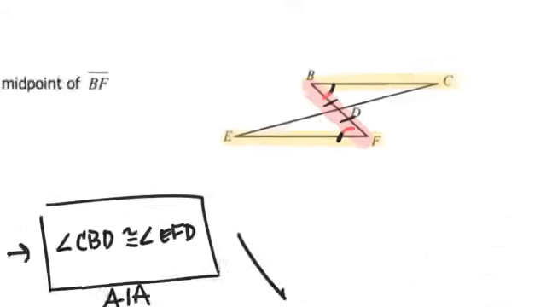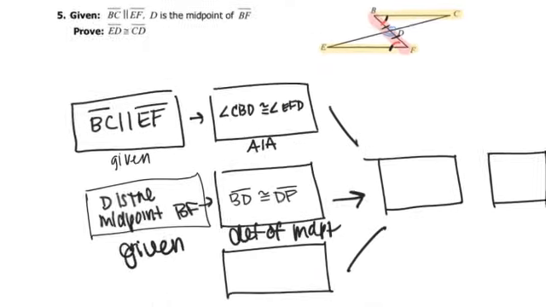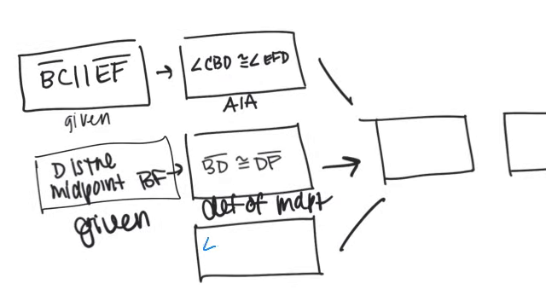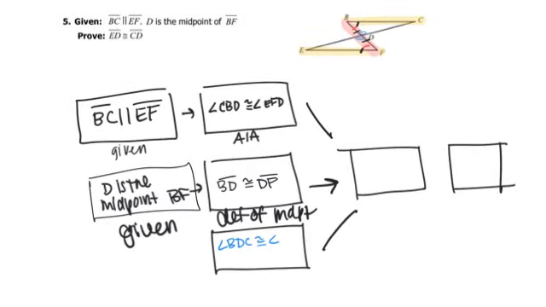Now we need one more thing, and if we look, we have vertical angles, so I'll mark that in blue. So we can say BDC is congruent to angle FDE. Okay, vertical angles.